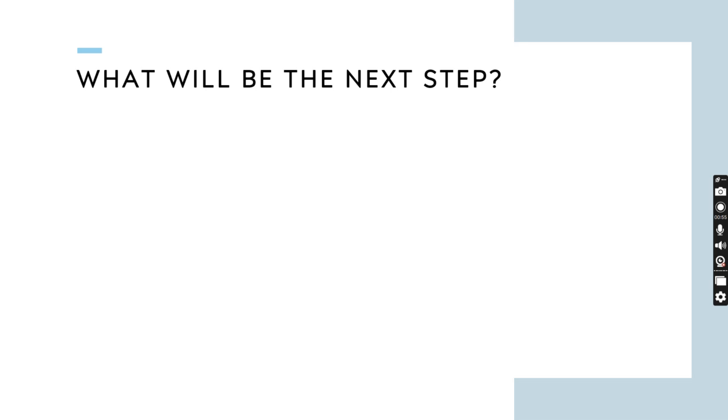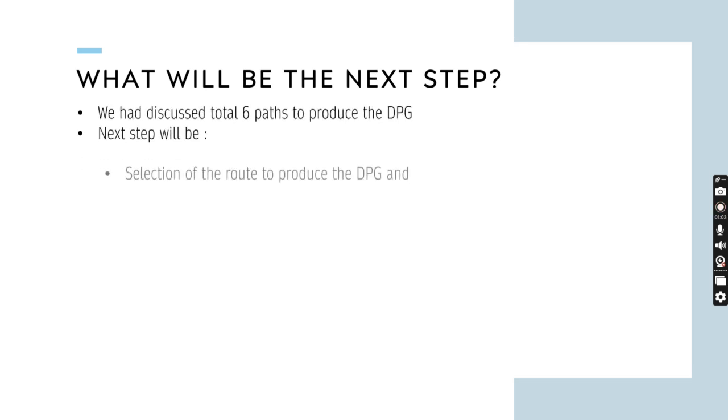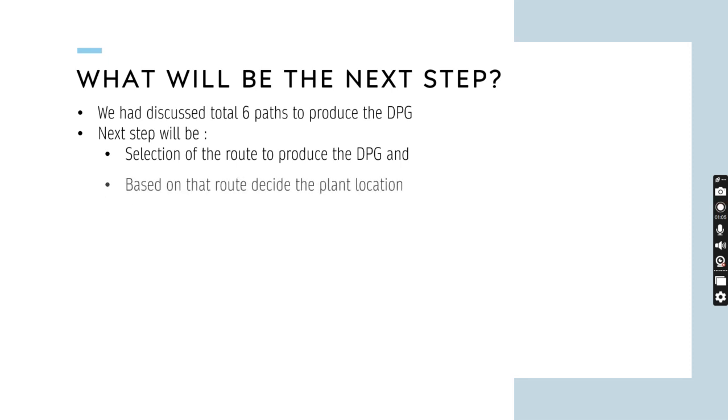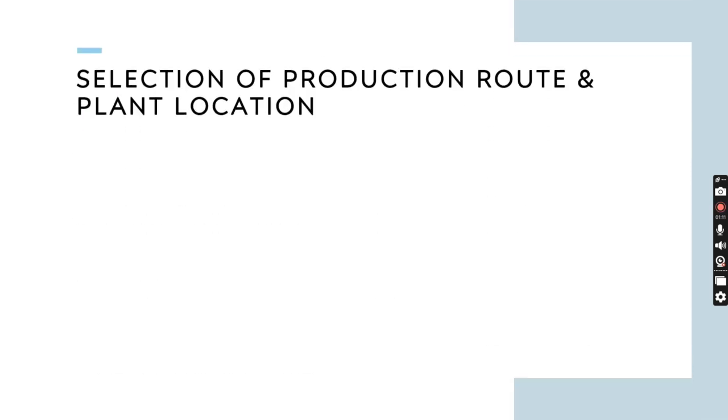Now, the obvious step is to select one of these routes. So our next step will be selection of the route to produce DPG, and based on that, we will decide our plant location. So now let's start the selection of production routes and plant location.